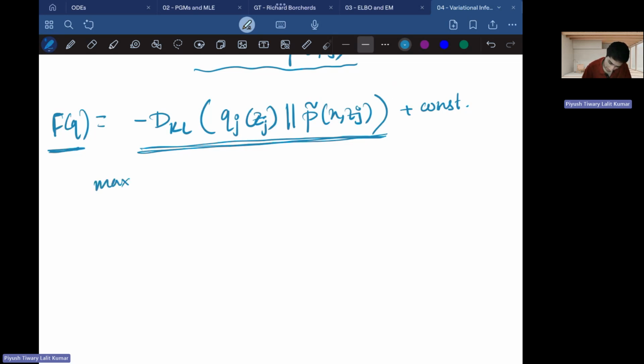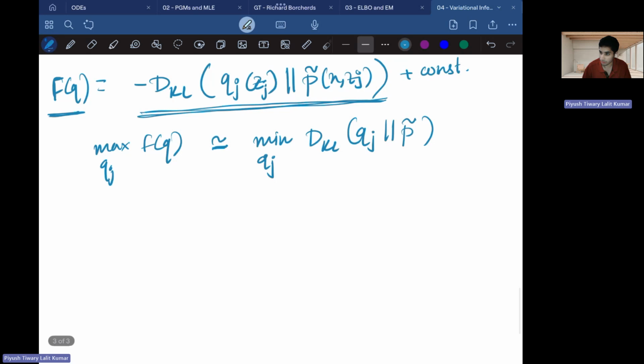Maximizing F of q is equivalent to minimizing, with respect to q_j, the D_KL between q_j and this p tilde, right?